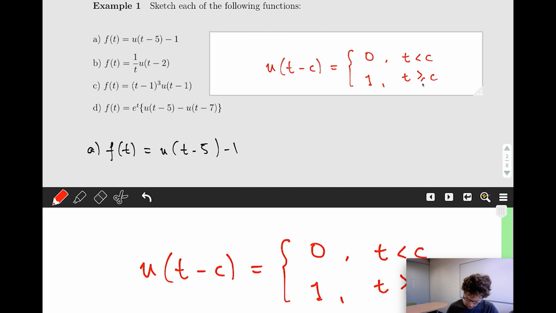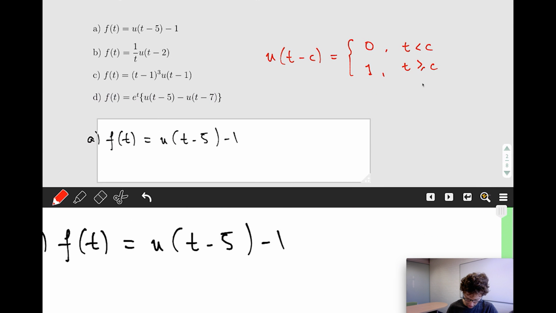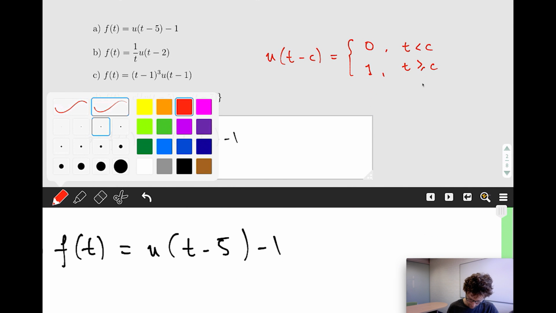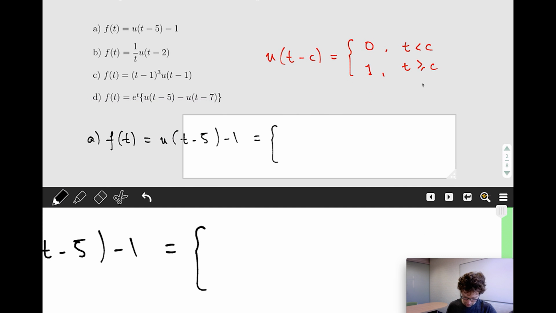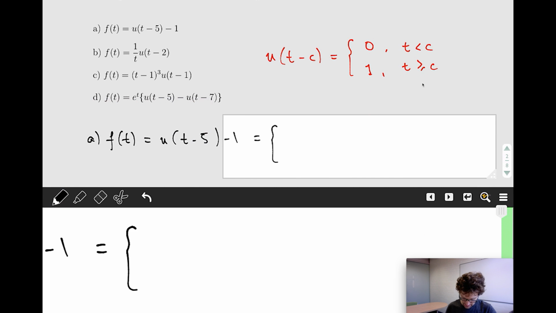So let's now use this definition to split up our values of t into two possible intervals. You can see that the Heaviside function here is going to change things up at the value t is equal to 5. So we've got t is less than 5, and we've got t is greater than or equal to 5.